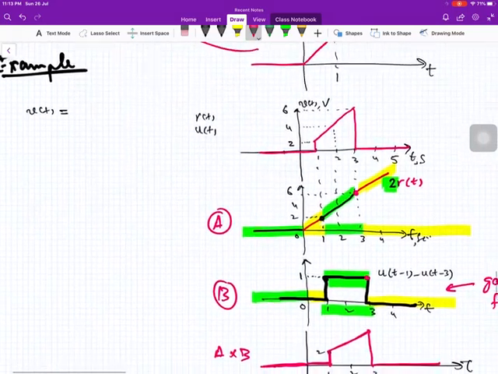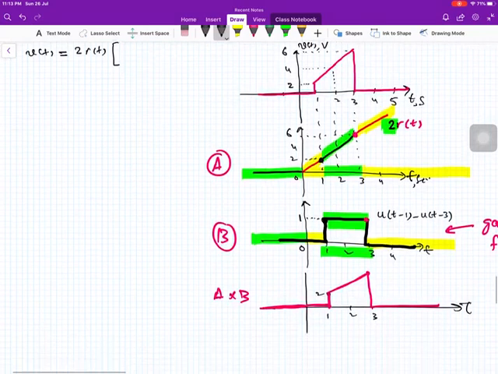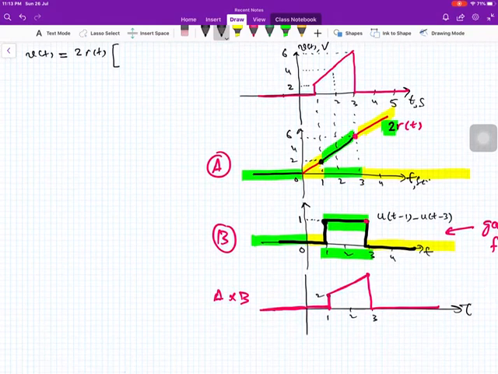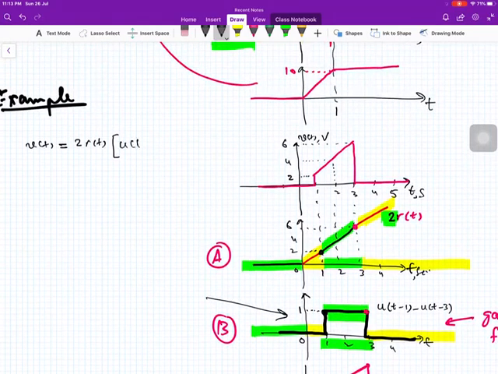So what can you do over here? We can express the waveform as, say, 2r(t) multiplied by this, so this is u(t-1) minus u(t-3).